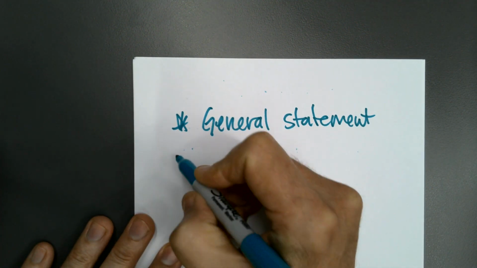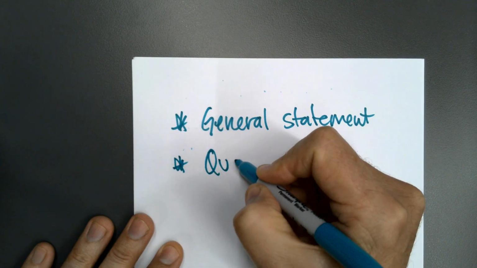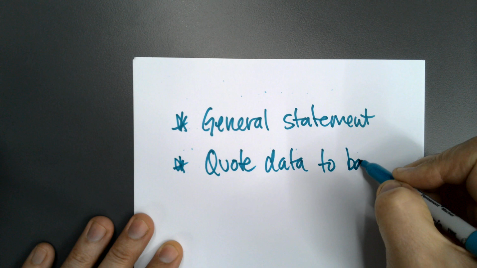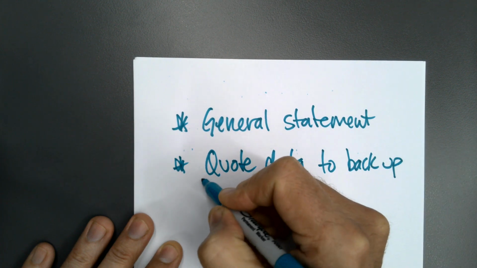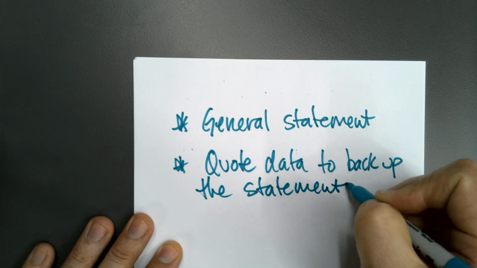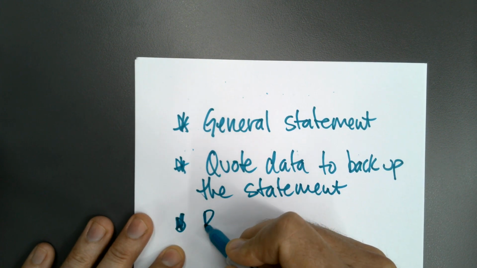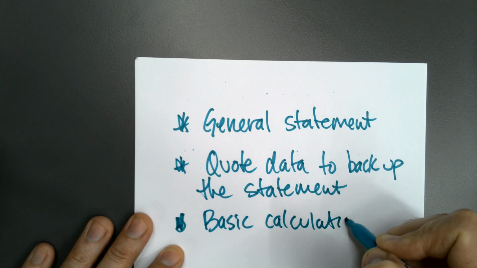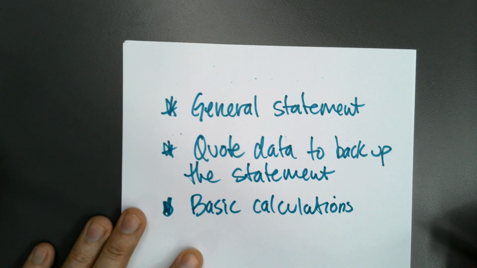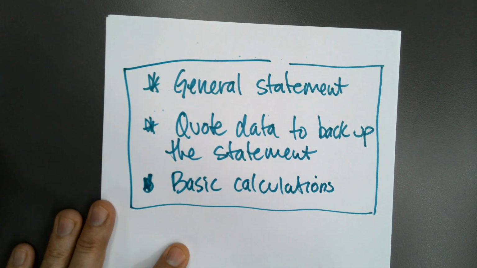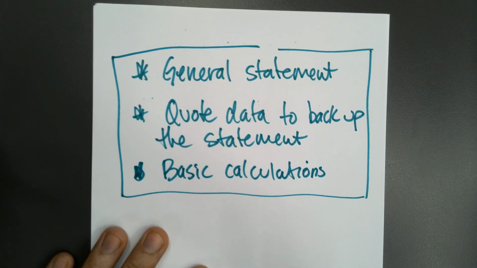Next, quote data to back up the statement. And then some basic calculations. Those three things, that is what you're going to do for every feature of the graph.